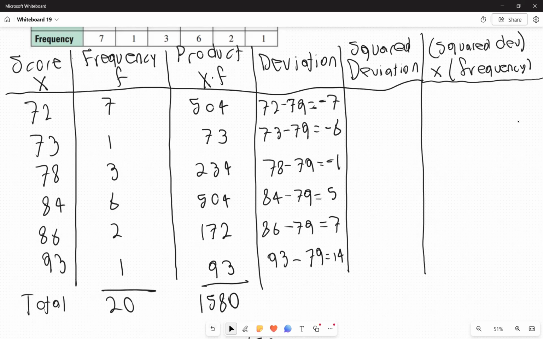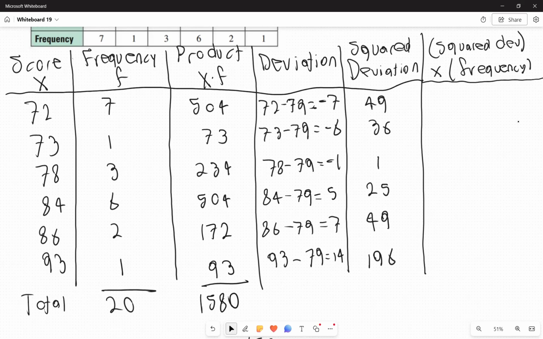Next step, we square each deviation. So -7 times -7 is 49, -6 times -6 is 36, -1 times -1 is 1, 5 times 5 is 25, 7 times 7 is 49, and 14 times 14 is 196.